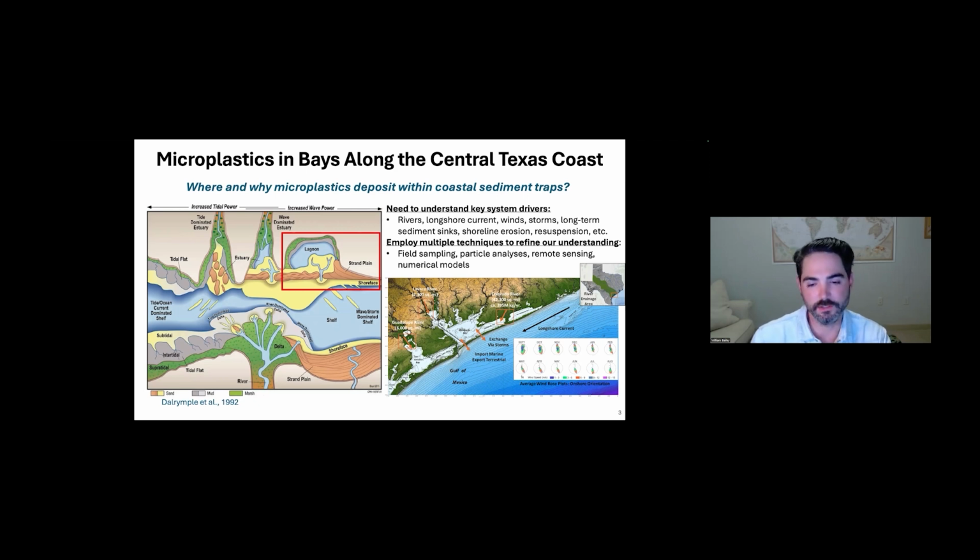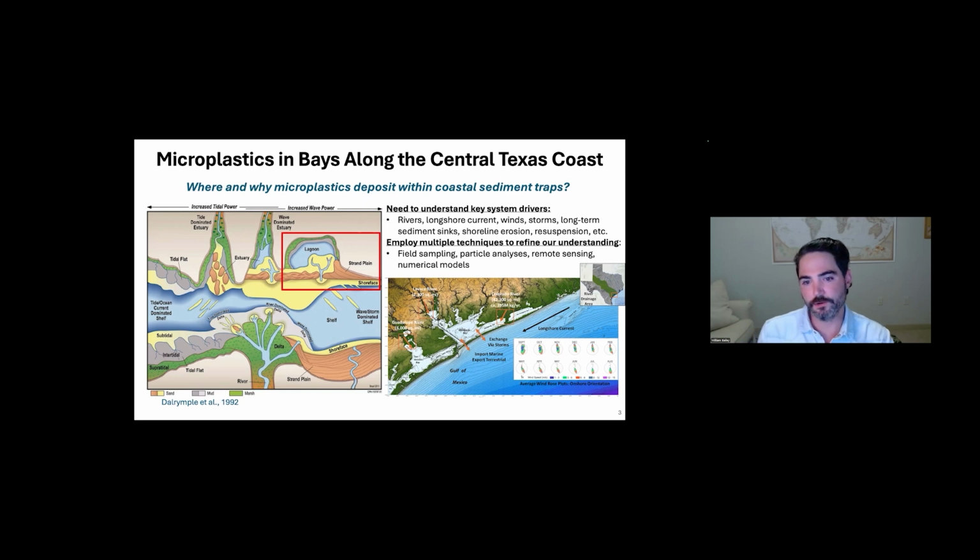So, as a geoscientist, we're taking our understanding of sedimentology and sediment transport to better understand how plastics may be sequestered in these environments, because we care about these environments specifically along the Texas coast because it's a huge industry for tourism and shrimp and oyster fishing.